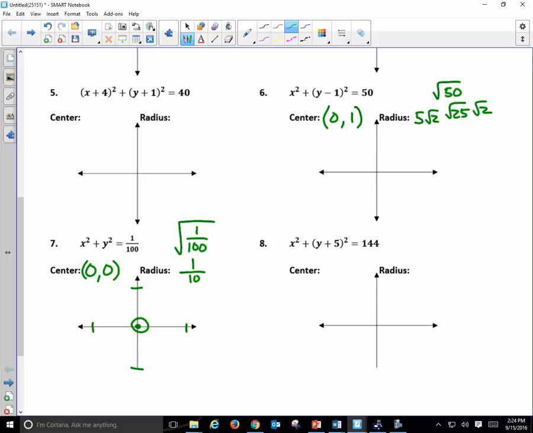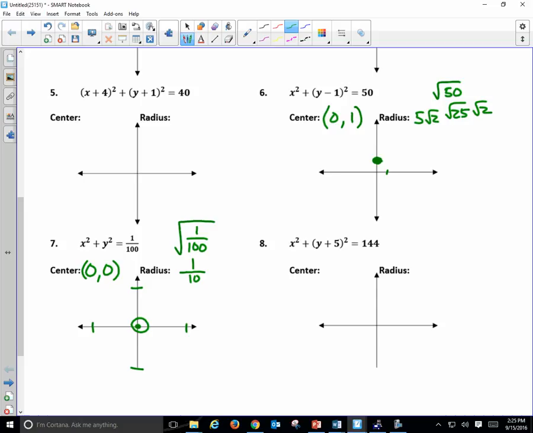So I'm going to plot 0, 1, which is right here. I'll have to go 5 roots of 2 in each direction. Anybody know what that is as a decimal? Like 7.2. 7.07, so about 7.1.